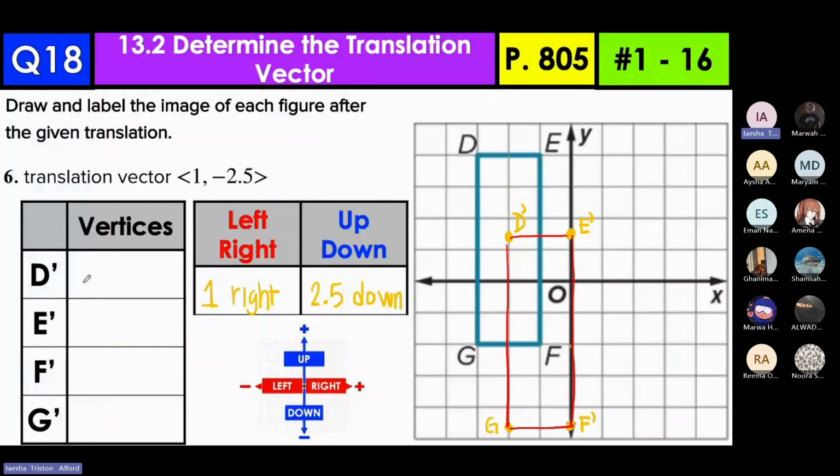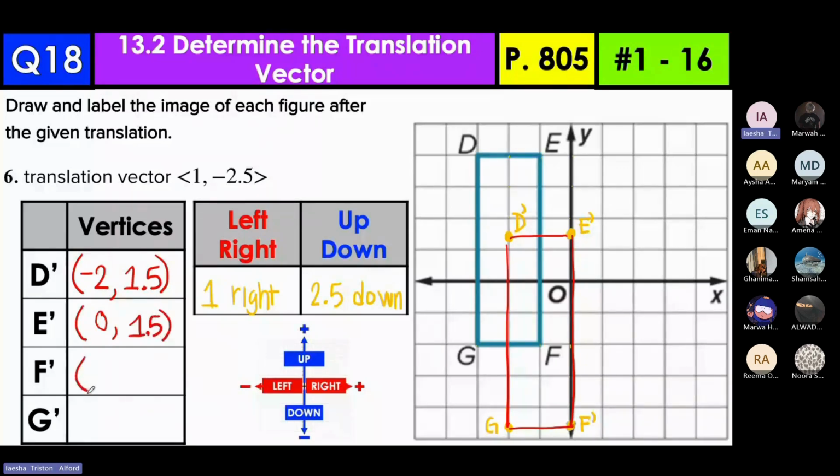Now, where is D prime? -2 and +2. No, not 1, positive 1.5. Okay, positive 1.5. Good. Where is E prime? 0 and +1.5. Okay, fine.